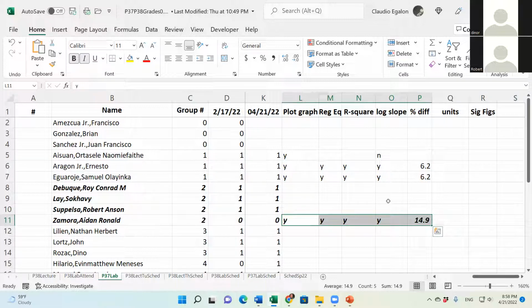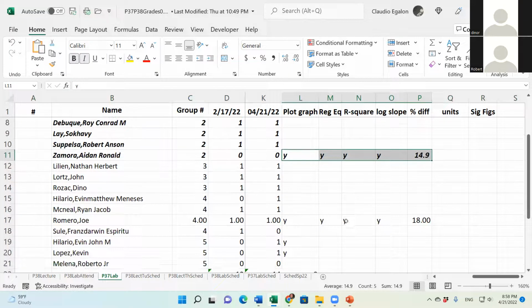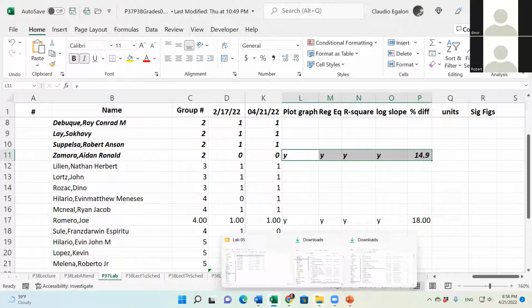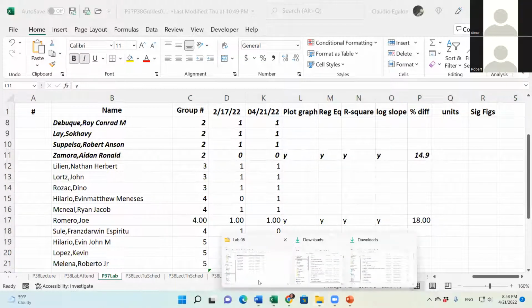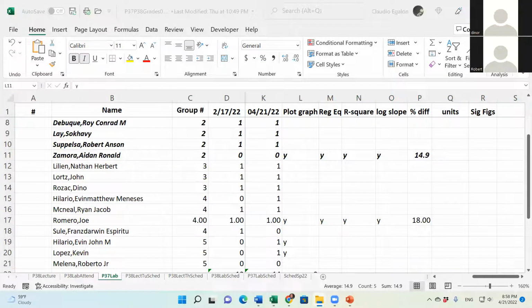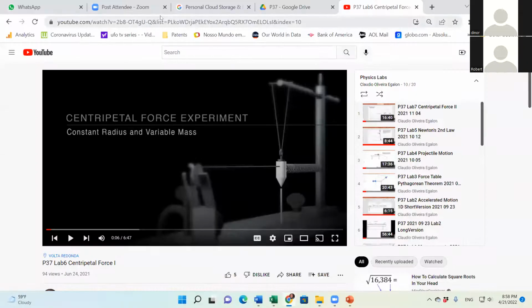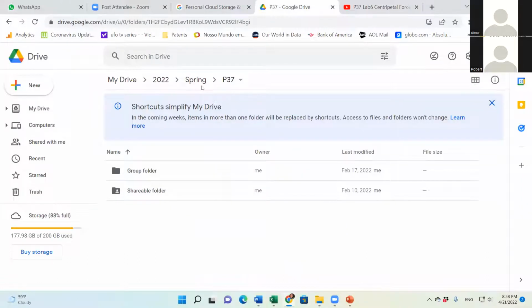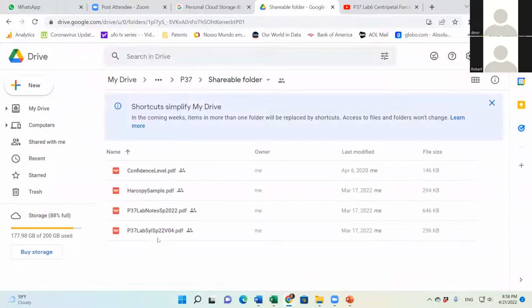Okay. How do you find the min and max? Okay, you have to use the table that is in the CL table. Let's get that for you. Okay, go to the shareable folder, right in here.